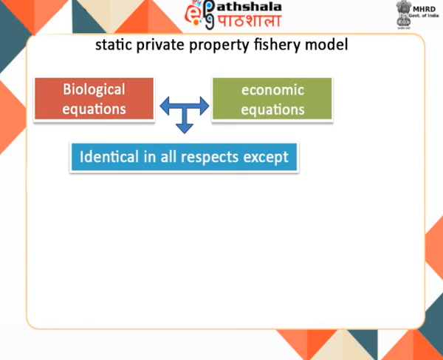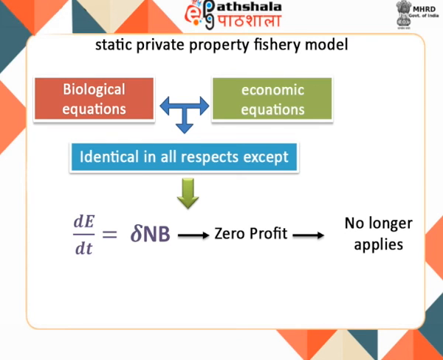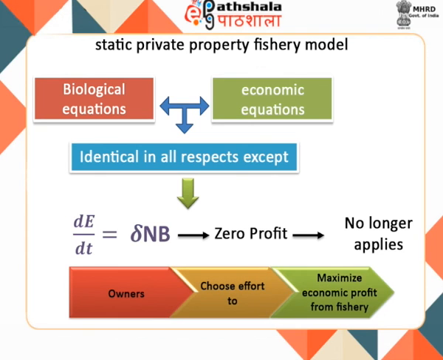The open access entry rule dE upon dt is equal to delta into NB, which in turn implies a zero profit economic equilibrium, no longer applies. Instead, owners choose effort to maximize economic profit from the fishery.